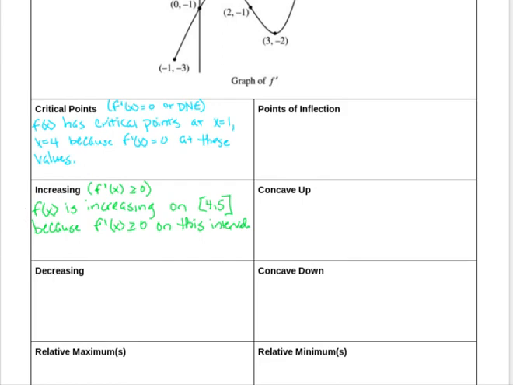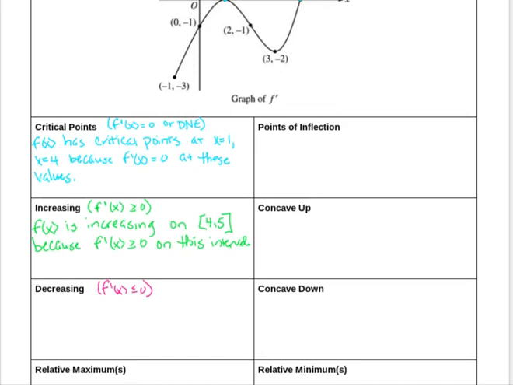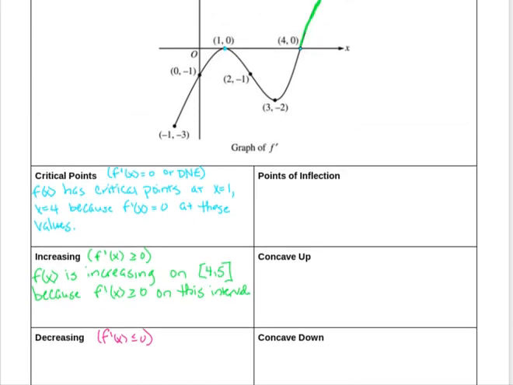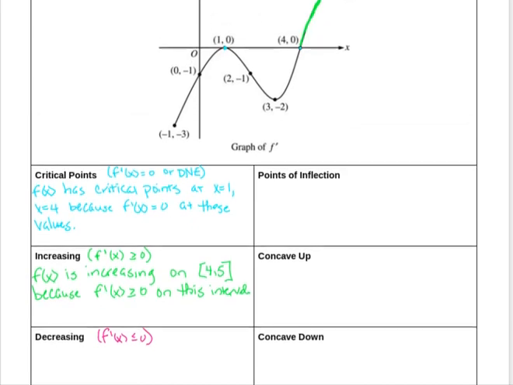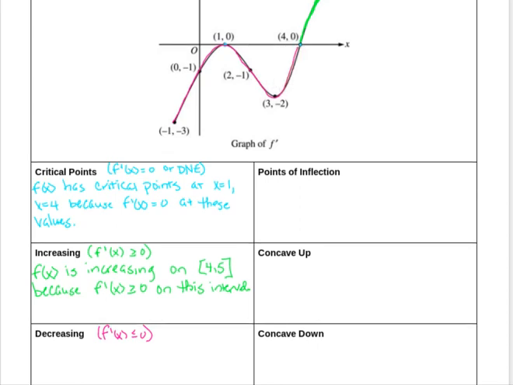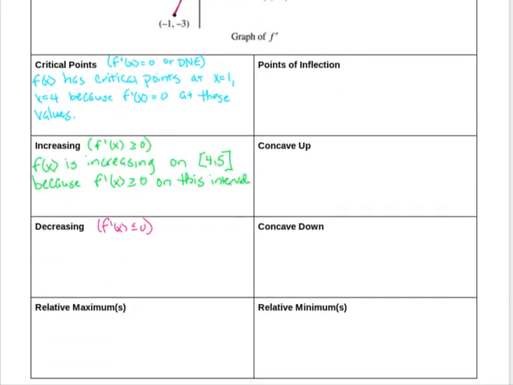We know a function is decreasing when f prime of x is less than or equal to 0. Since this is the graph of f prime of x, we're looking at what's below the x-axis. In this case, that is this entire section from -1 all the way to +4.